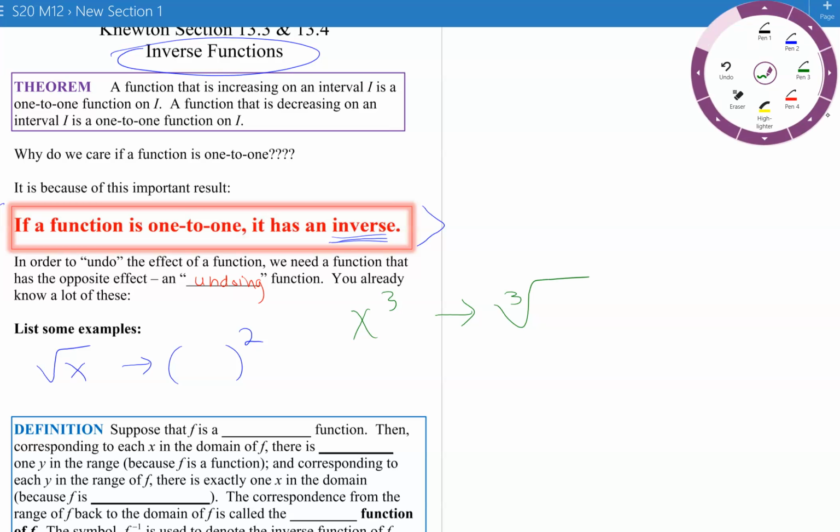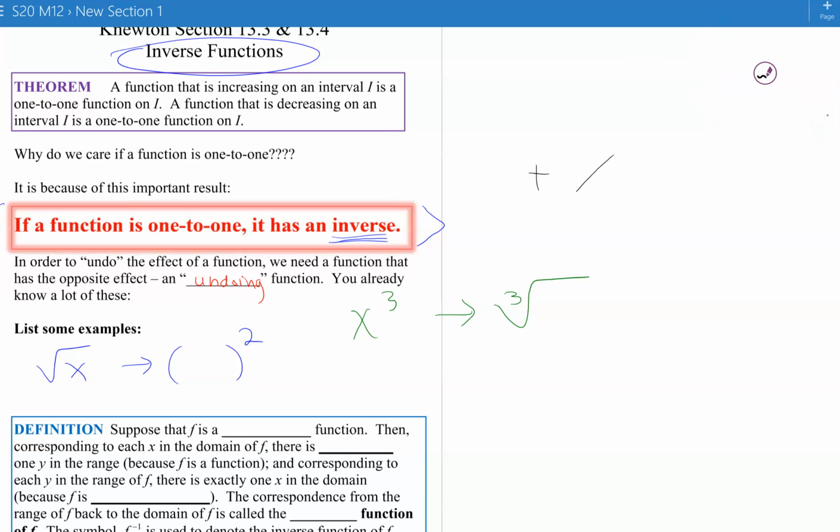If you think about even something simple like adding and then subtracting, those undo each other. Multiplying and dividing, those are inverse operations of each other. So in math, for whatever reason, they don't use the word reverse, they use the word inverse. So the function that undoes what the first function did is called its inverse.